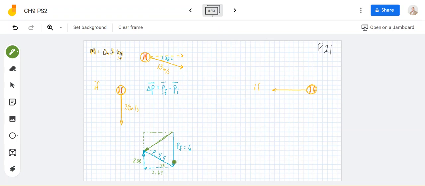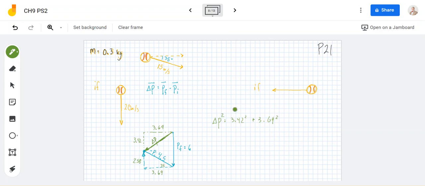So this is total 6 up and down. This is 2.58 here. So this length here is 3.42. And this is 3.69 and this is 3.69. It's a rectangle. So if I want to calculate the length of this vector, which is the change in momentum vector, I'm going to use the Pythagorean theorem. So according to this, the change in momentum will be equal to 3.42 squared plus 3.69 squared.